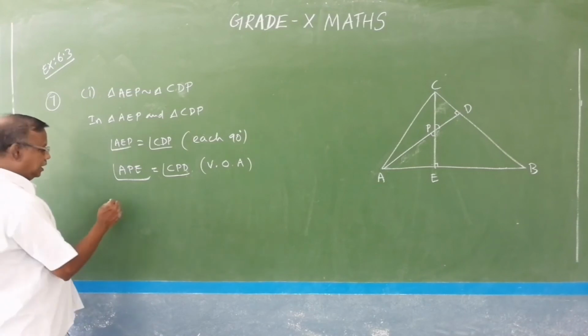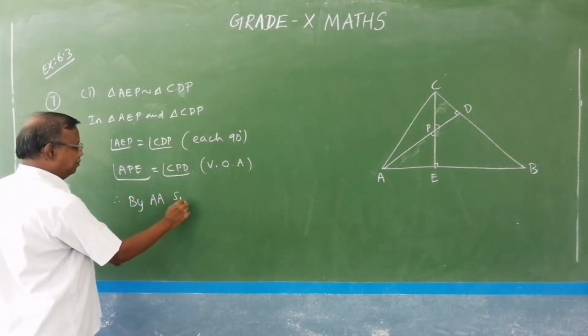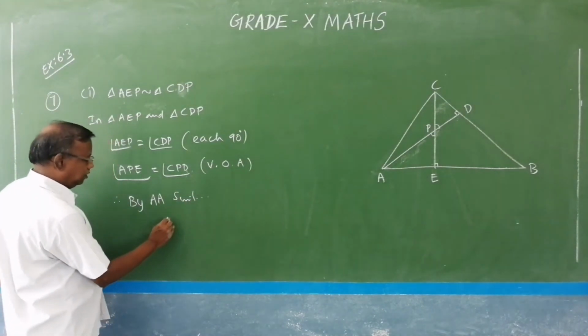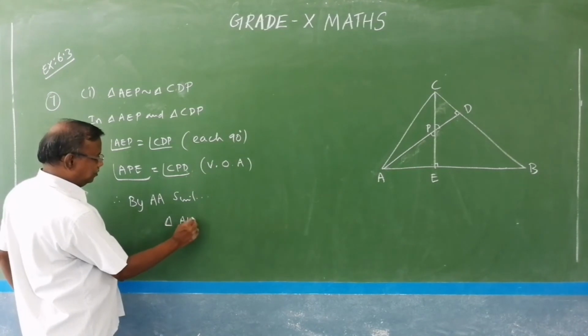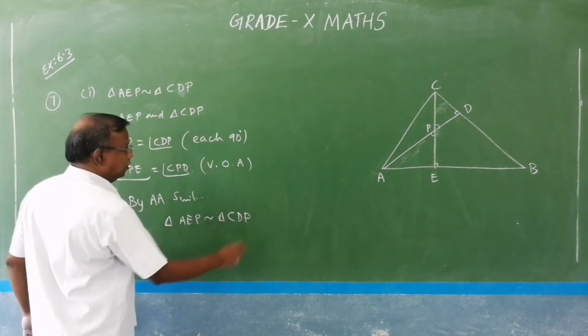Therefore we can say by AA similarity the triangle AEP is similar to triangle CDP.